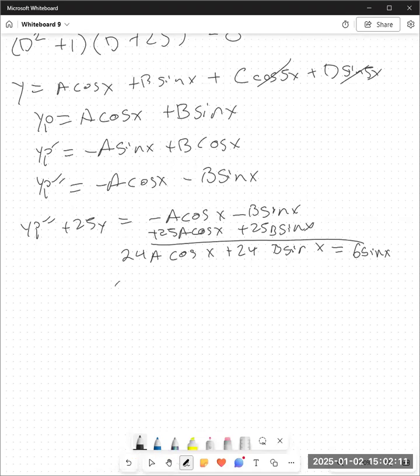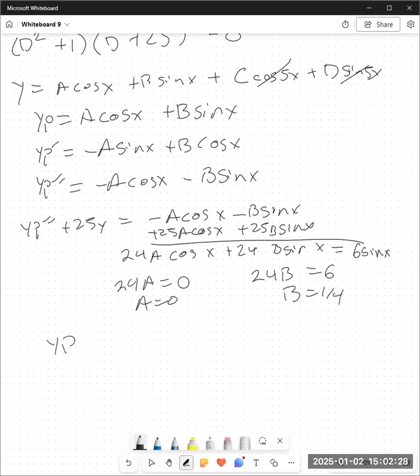And we have 24a needs to be equal to 0 since there's no cosines on that side, making a 0. 24b equals 6 since there's 6 sine x's on that side. B equals 1/4.